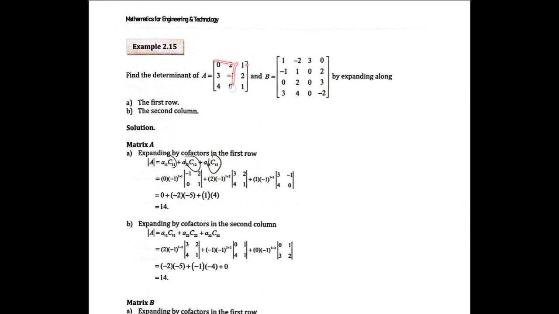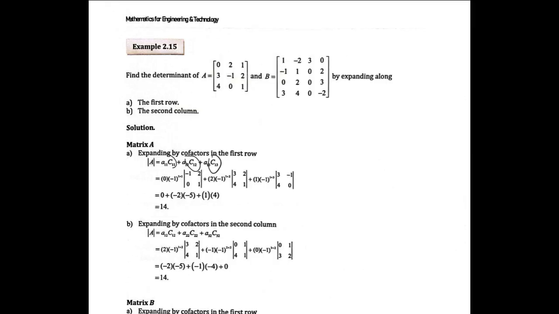And then you have A13, which is 1, times the cofactor. So even though at first it looks a bit complicated, it's really not, and it will still get you the final answer for the determinant, which is 14 for this case.